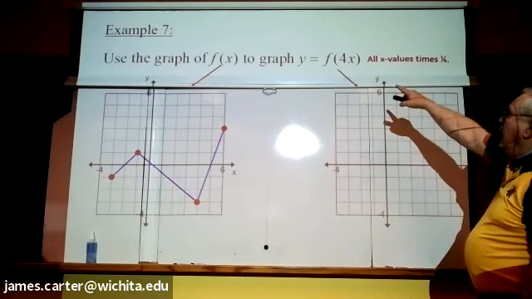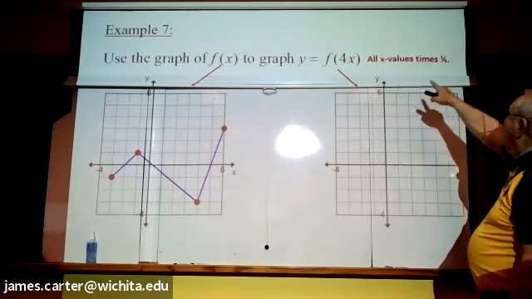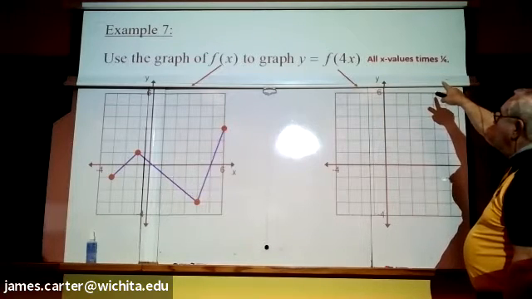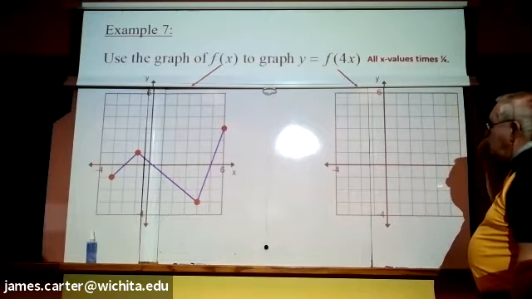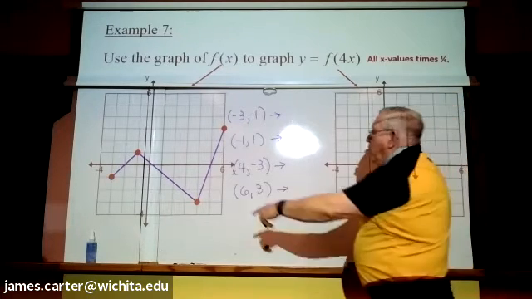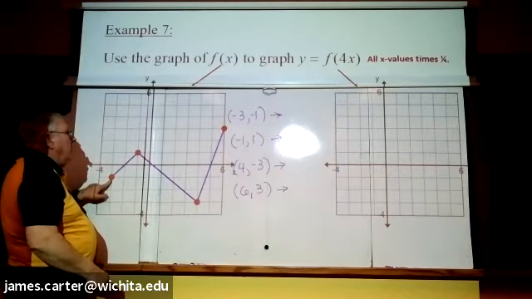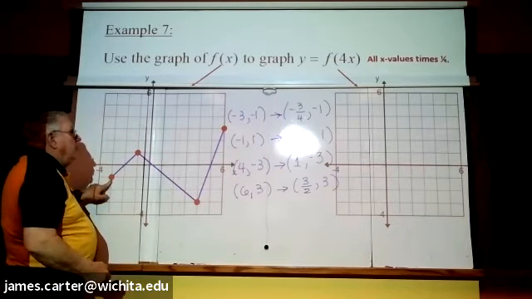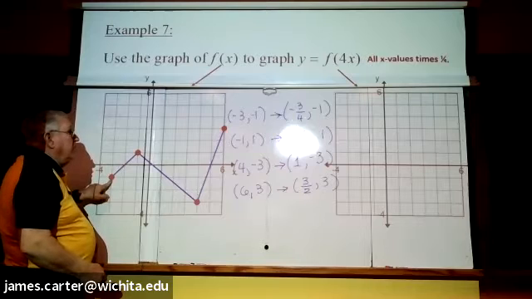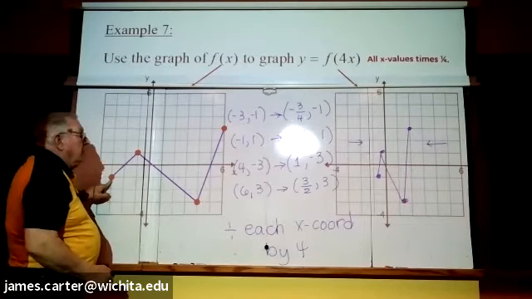Now, if we had y equals f of 4x, what we're going to do is take all values times 1/4. So this point, which is -3, -1, would become -3/4. Okay, here.